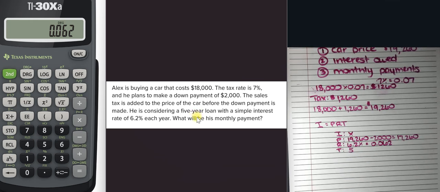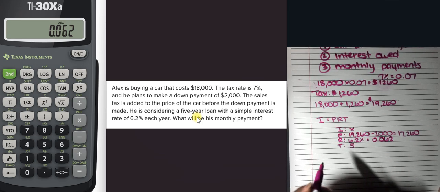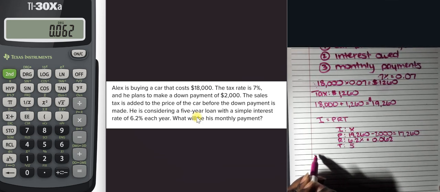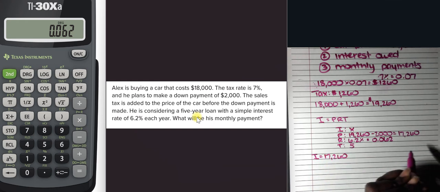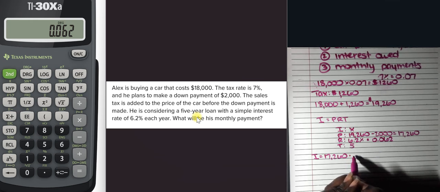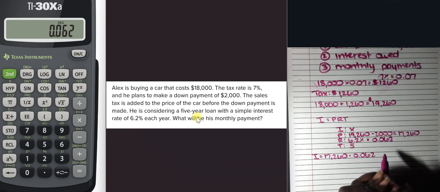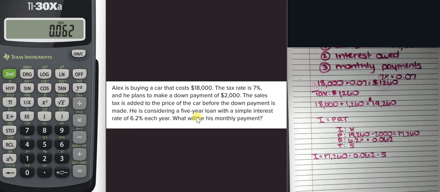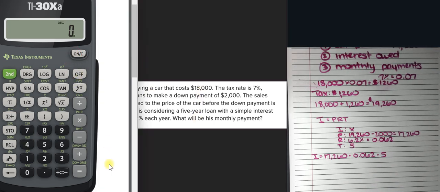All right. Now what we need to do is multiply all those together. So I is equal to your principal, which is 17,260, times your rate, which is 0.062, times your time, which is 5. Let's punch all of that in. 17,260 times 0.062 times 5 gives me $5,350.60.